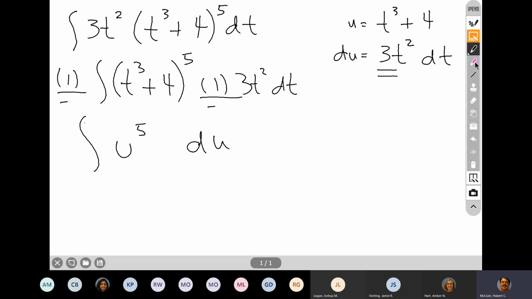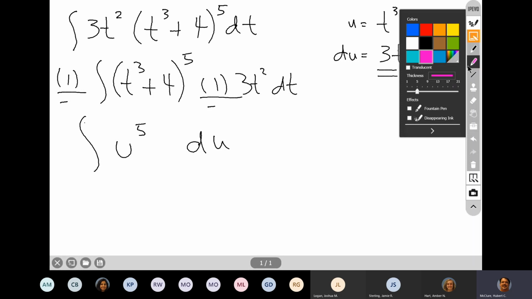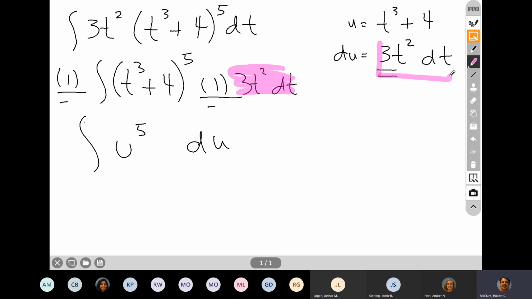Because, let's see if I can get this thing to work. I'm getting better at it. There we go. Still not thick enough. I guess it doesn't get any thicker. So my answer is u to the 6th over 6.